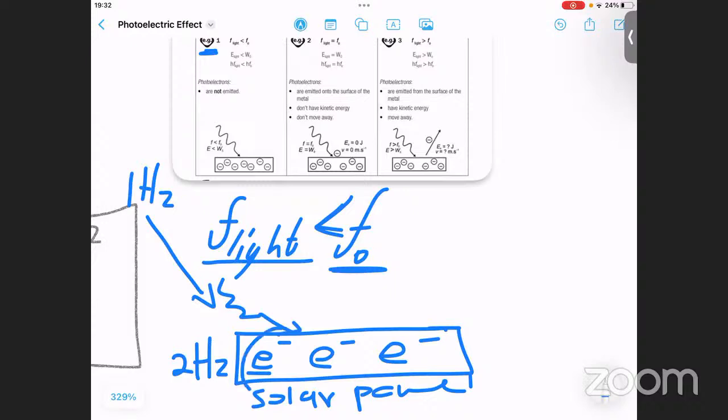It will not be able to emit an electron. Why? Because the energy is not enough.